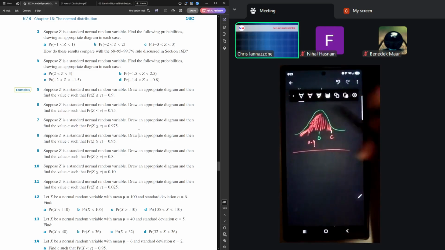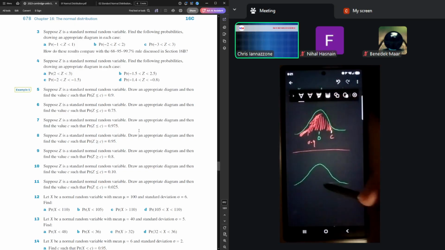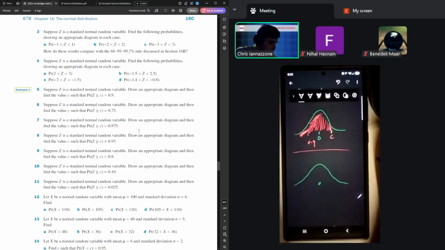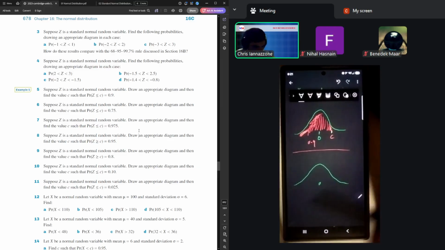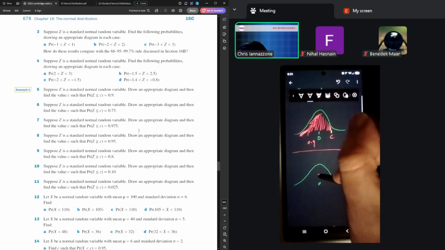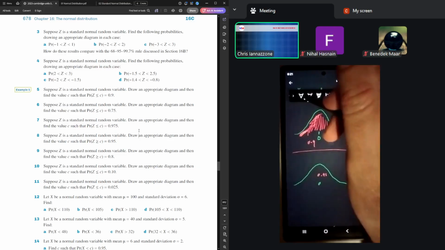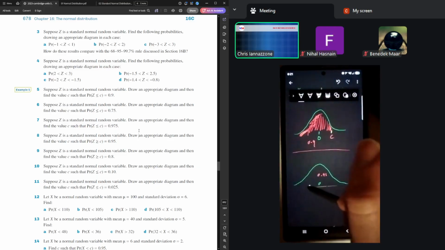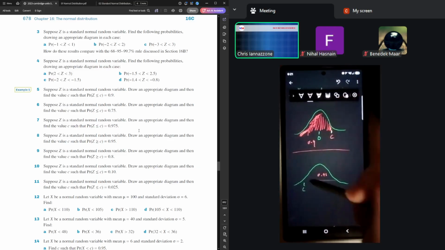So again, drawing out our normal distribution. Mean is 0 because it's the standard normal, and it says Z greater than or equal to C is 0.95. So right of some value should be 0.95, and the only way to be right of that would be if your value C, your Z value, was very far left, right?